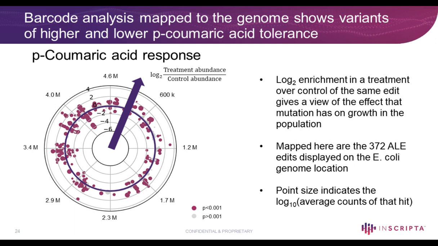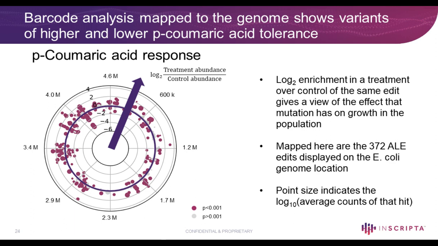Each of the dots on this radial plot represents one edit that was made, and this is an average of the triplicates that were done. Along the radial direction outwards is a measurement of the enrichment or depletion of the edit. The 0 line, in blue, surrounds this radial plot, and the distance away from that represents the treatment abundance, which you saw, divided by the control abundance, and then it's the log of that.